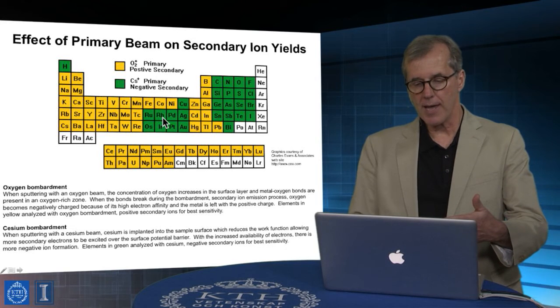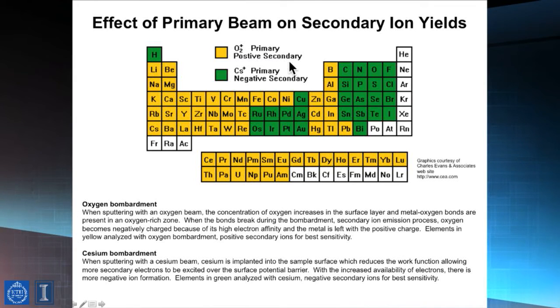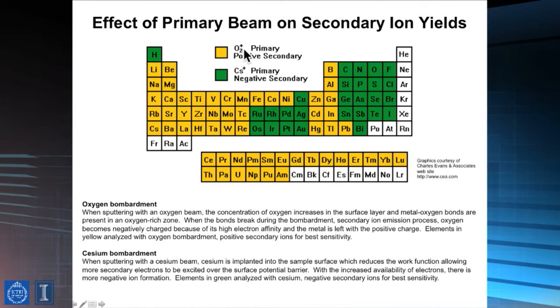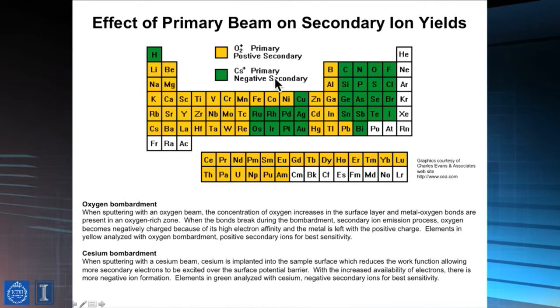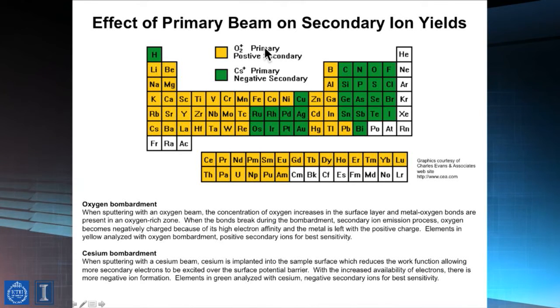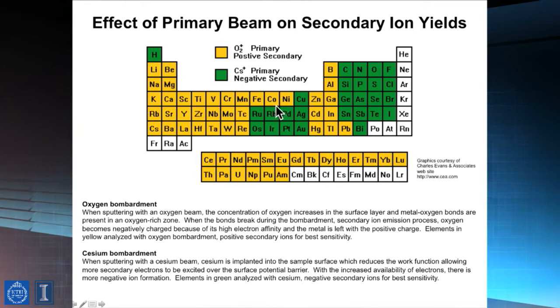So here's a periodic table that's denoted for its best association with a particular cationic primary ion source. For example, an O2 plus or a cesium plus primary, and in one case measuring a positive secondary ion, in another case measuring a negative secondary ion, right?